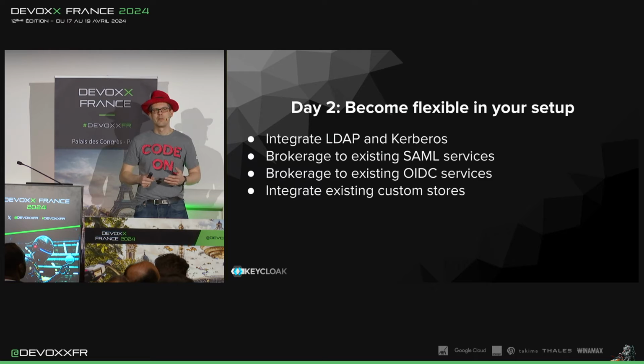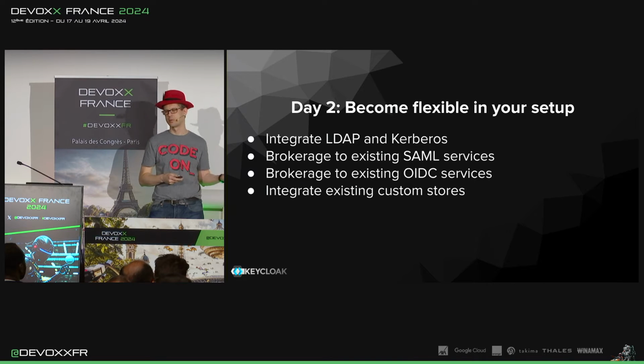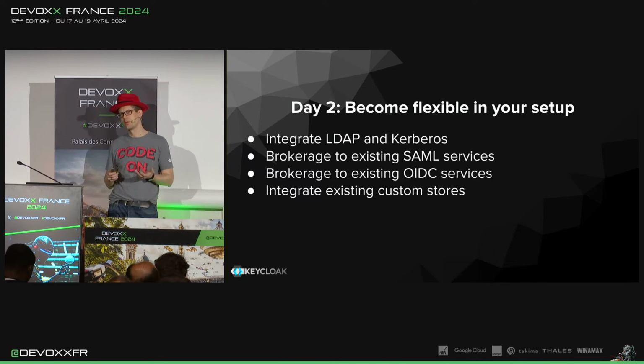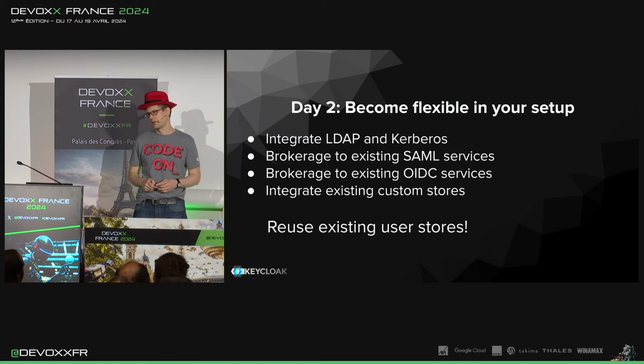Even if you say you have your user information stored in a very custom, grown enterprise user database, maybe for your customers, where they register, where they have all the information, you can connect that to Keycloak using a custom user store, and then that information can be used in Keycloak.